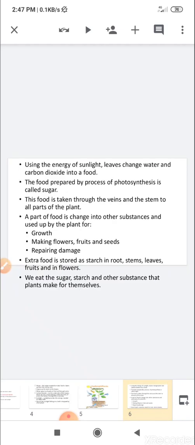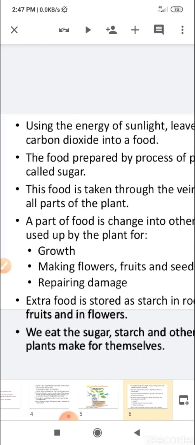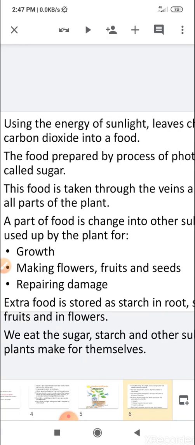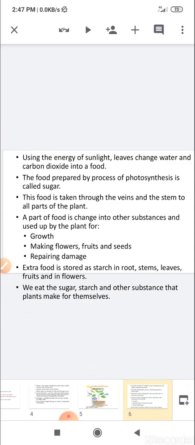Then the plant, using the energy of sunlight, changes water and carbon dioxide into food. And the food prepared by photosynthesis is called sugar. This food is taken through the veins and the stems to all parts of the plants, because plants need food to perform various activities like growth, making flowers, fruits and seeds, and repairing damage.